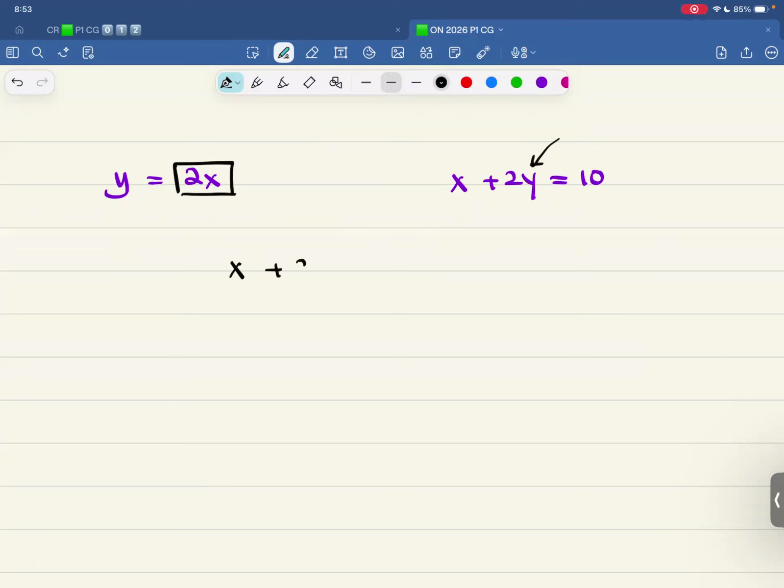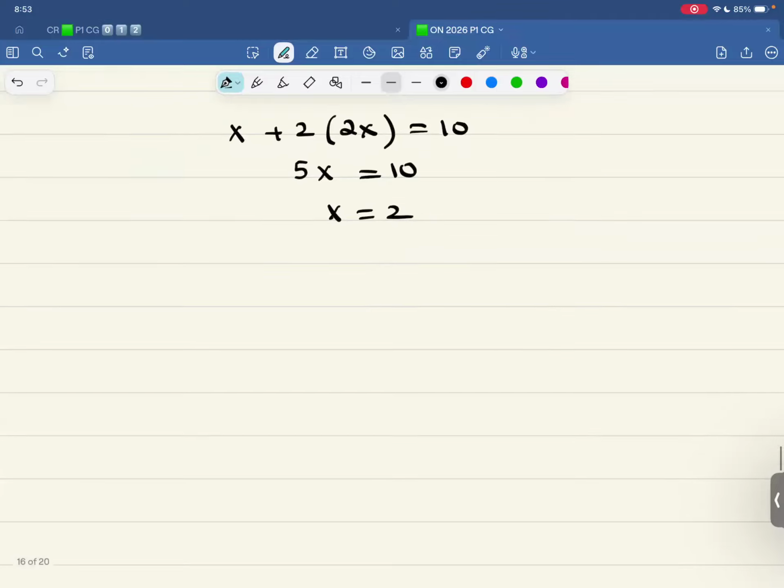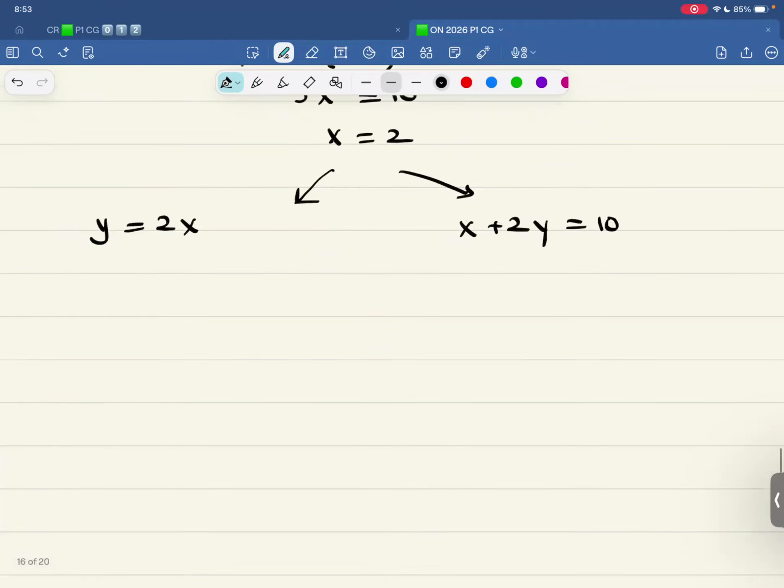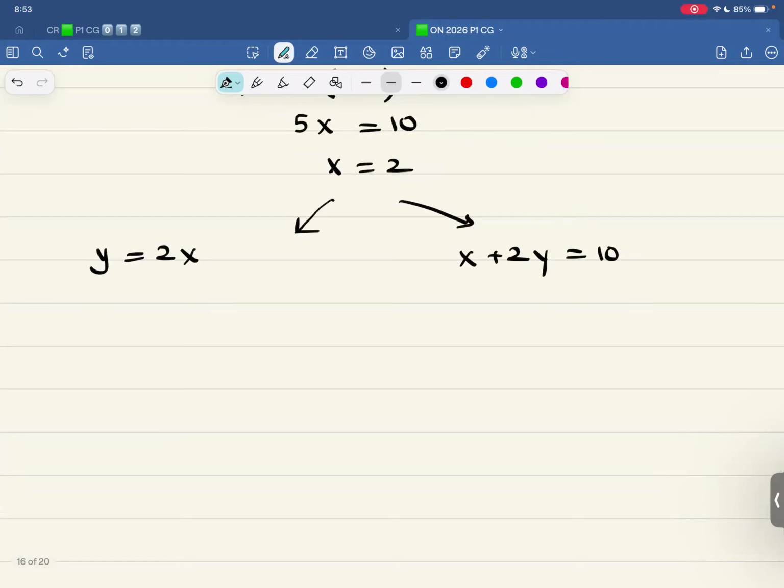When I solve simultaneously, I'll replace y with 2x over here. So x + 2 times 2x = 10, 5x = 10, x comes out to be 2. It lies on this line, so you can plug into either one. If I plug it in over here, of course I'll get the same answer. That's common sense, but it's good to emphasize this. So y = 2 times 2, which is 4.